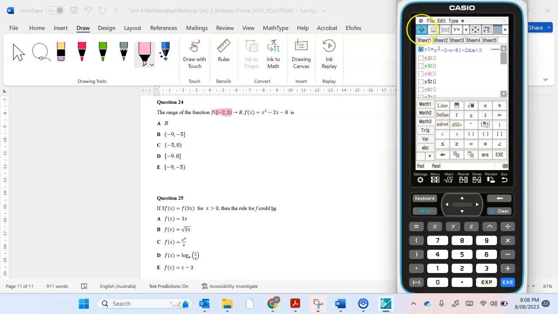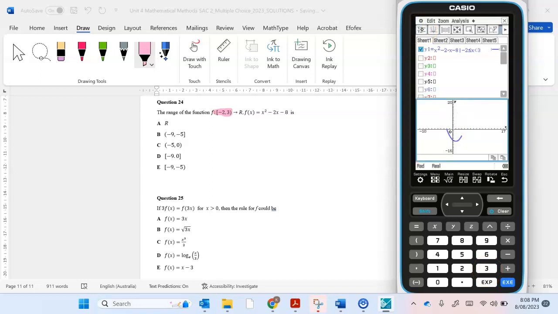So let's graph that again. You can see there that we've got that turning point.